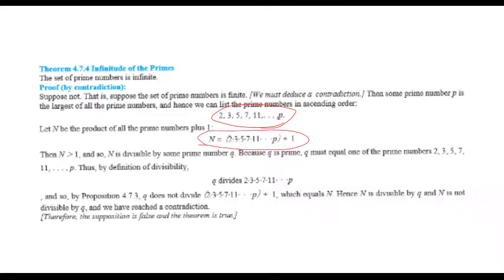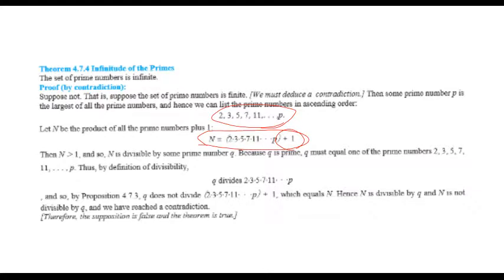I multiply all the prime numbers together from 2, 3, 5, 7 all the way to p, and then after this long product I add 1. Okay, this is n. This is how I define a new integer n.